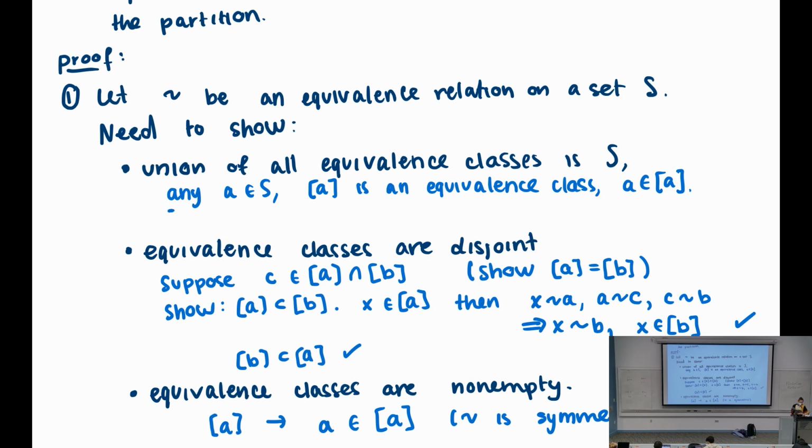And furthermore, an equivalence class, just by definition in the way that we set it up, is a subset of S. So these two together would tell us that the union of all equivalence classes is S.